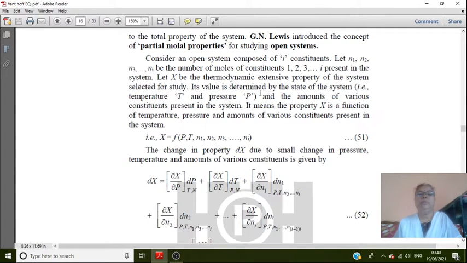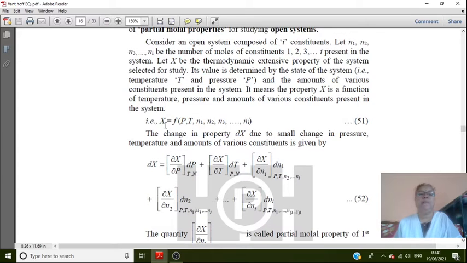Its value is determined by the state of the system, that is the temperature and pressure, and the amounts of various constituents present in the system. It means the property X is a function of temperature, pressure, and amounts of various constituents present in the system.